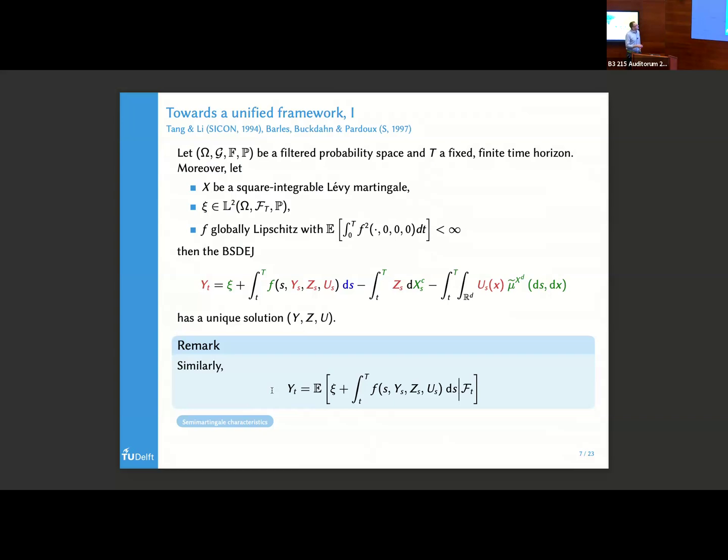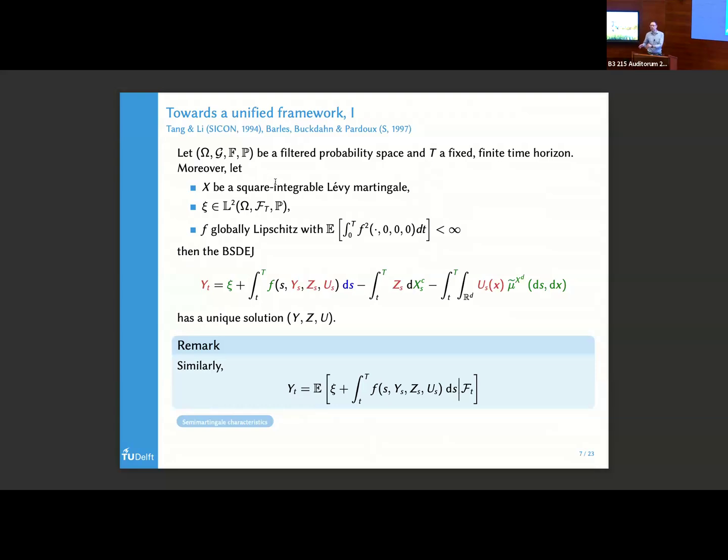So BSDEs driven, for example, by Levy processes were considered in papers by Tang and Li, and also Bahlali, Buckdahn, and Pardoux. And the setting is more or less the same as before. So you have a filtered space, you have some terminal condition, you have some Lipschitz function, and now you replace the Brownian motion by a Levy martingale.